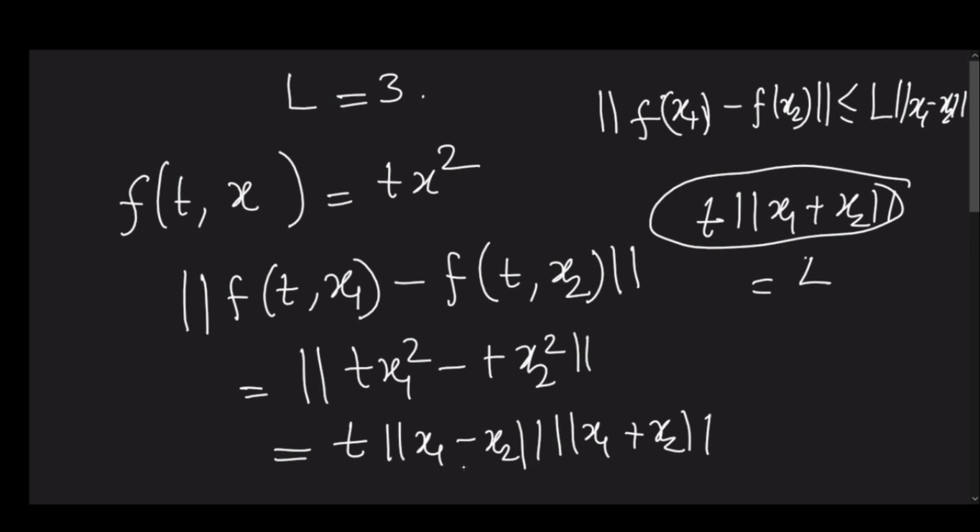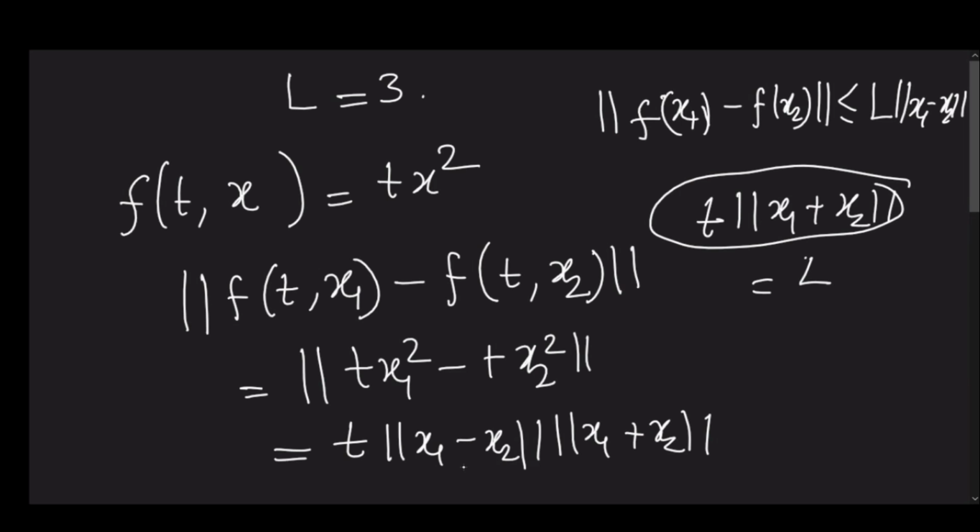So the function fails to satisfy the condition on f of t x1 minus f of t x2, because x1 plus x2 can take any value, even if you keep t constant, x1 plus x2 can be very large.